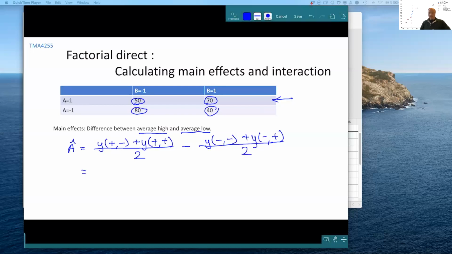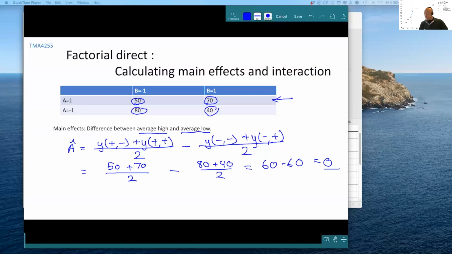And if we go through this exercise here, we get 50 plus 70 divided by 2, and then minus 80 plus 40 divided by 2. And as we see, this is 60 minus 60. So there is no effect of A here.